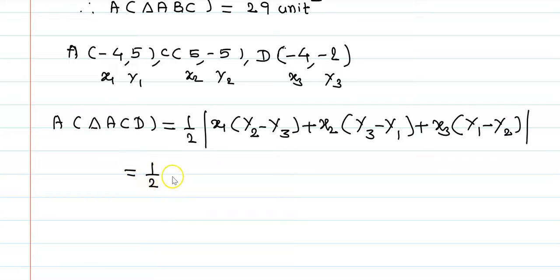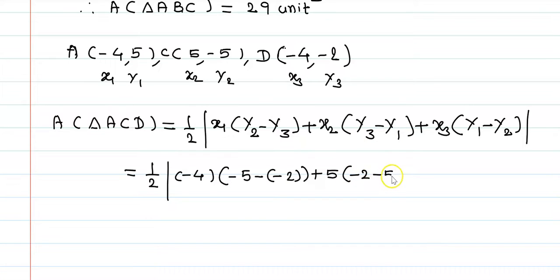Here 1/2, x1 is -4, y2 minus y3, that is -5 minus in bracket -2, plus x2 is 5, y3 minus y1, -2 minus 5, x3 is -4, y1 minus y2, 5 minus in bracket -5.